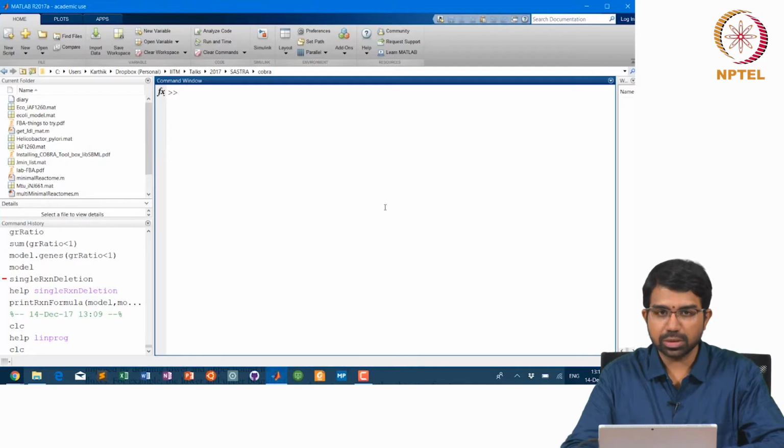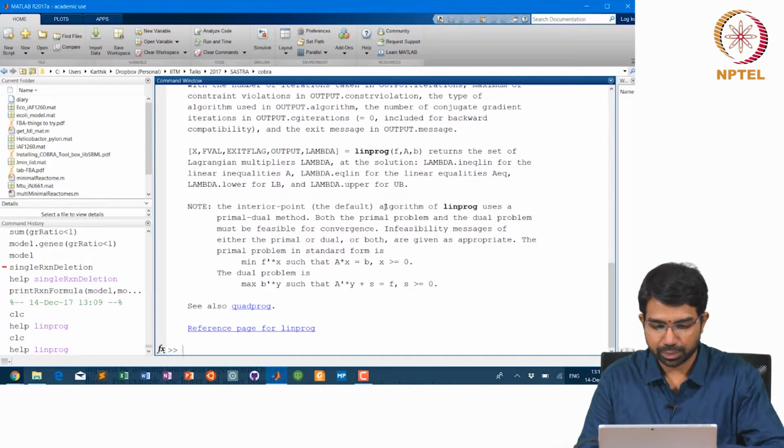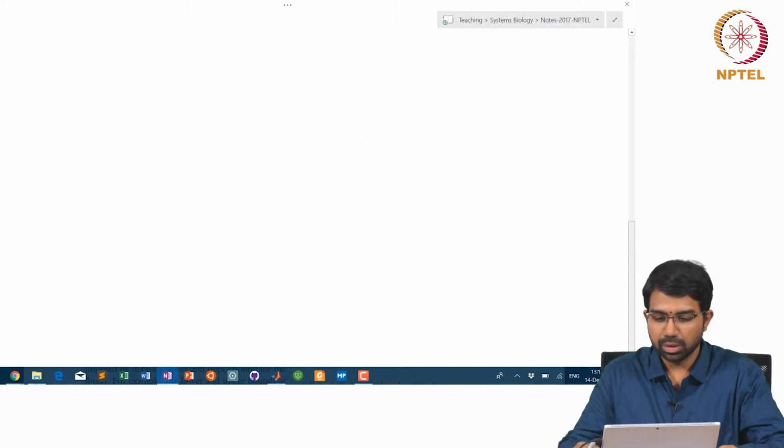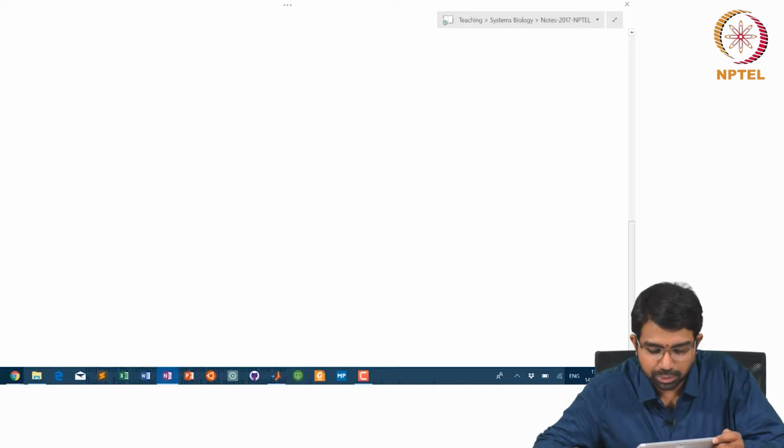So, let us see how you simulate such models just using MATLAB, because it is just a simple linear program. So, the first thing to look at is how we use linear programming or the function linprog in MATLAB. So, to recap, what is a linear program?